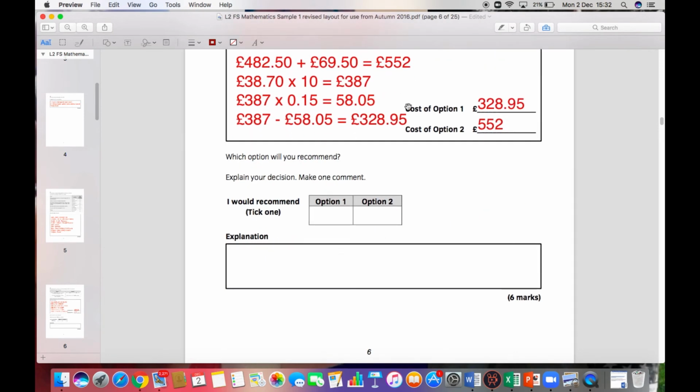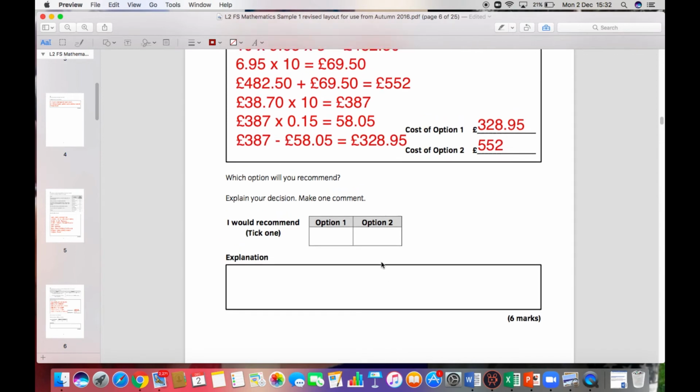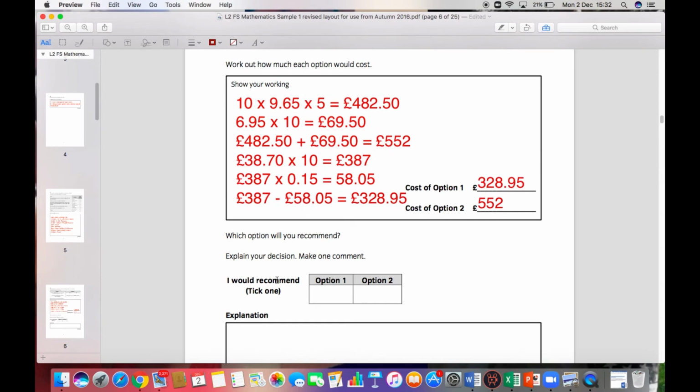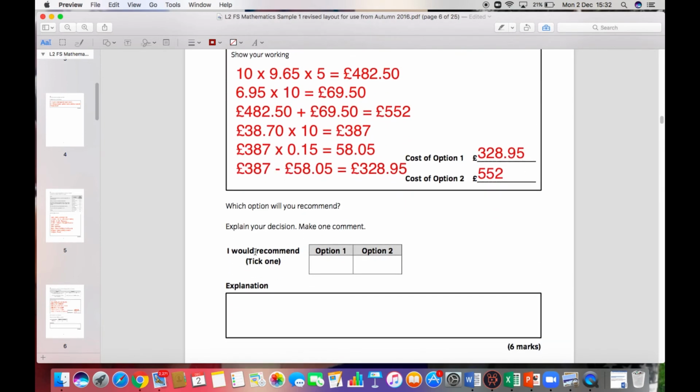Sometimes they might give you 4 marks for this, 2 marks for this, so just be careful to try and get everything right. It's pretty obvious how to get this right anyway, because it's asking you which option you would recommend. Well, I'd like to think that we would choose option 1 because it's cheapest. Why would you choose the other option, being more than £200 more?